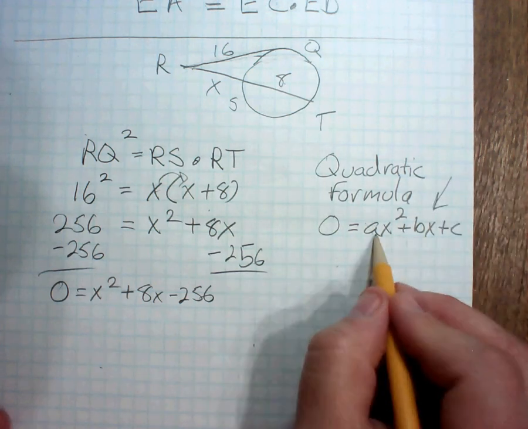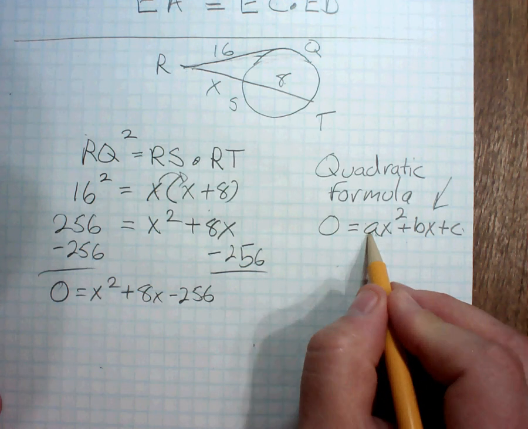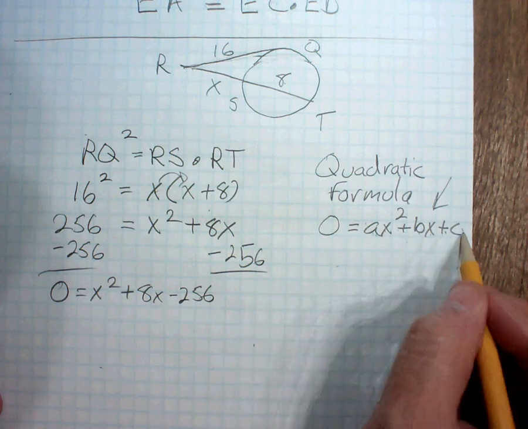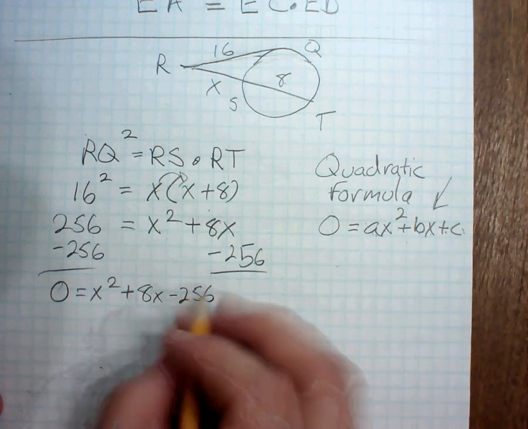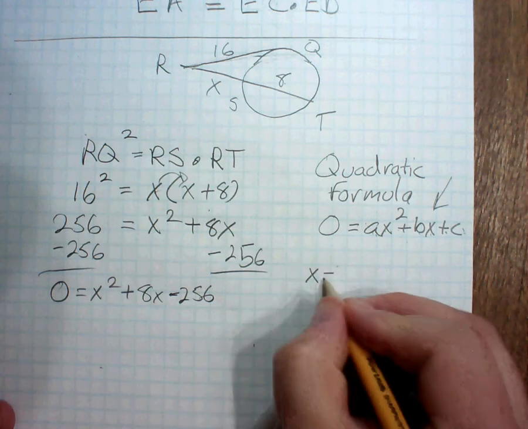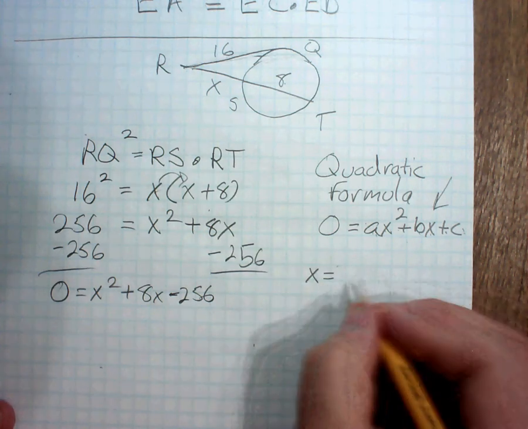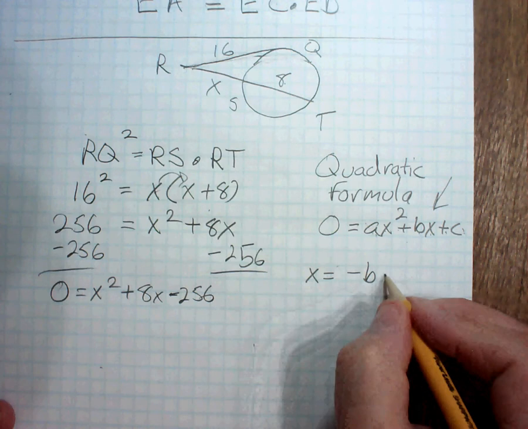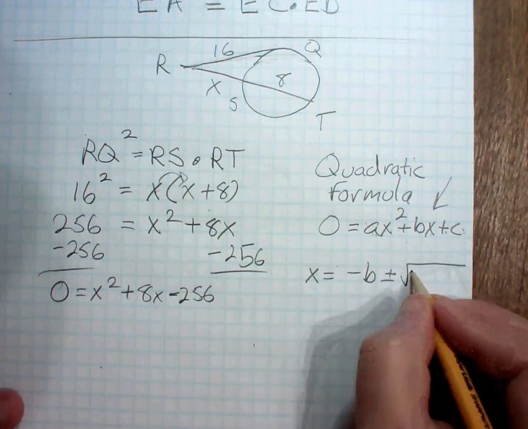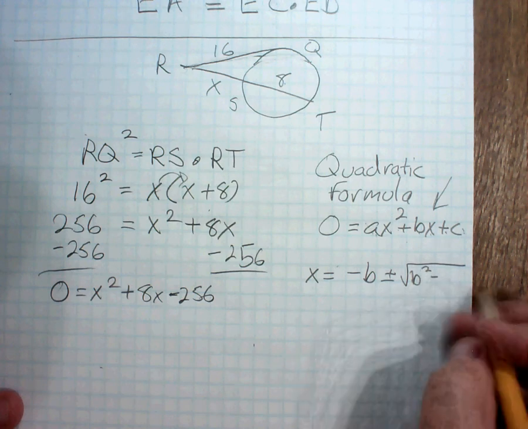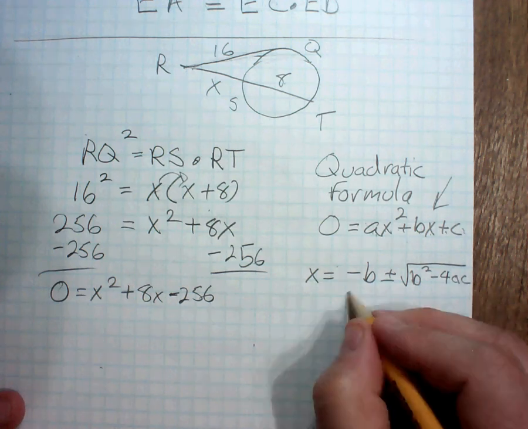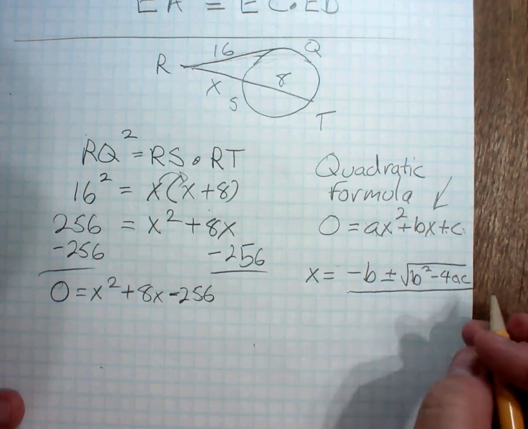If you have something written in this form, a number times x squared plus a number times x plus a number, and it could be plus or minus, so in this case we have negative, you can find the value of x by plugging it into this formula. It would be negative b, plus or minus the square root of b squared minus 4ac, all over 2a.